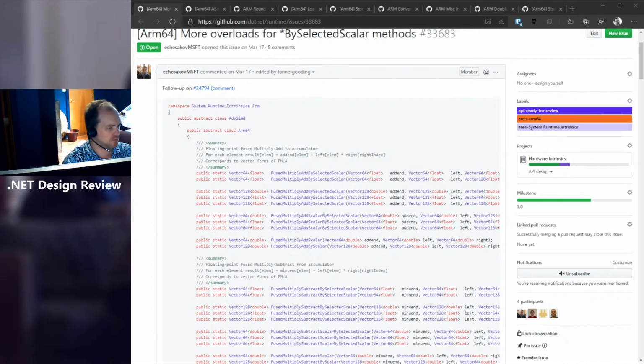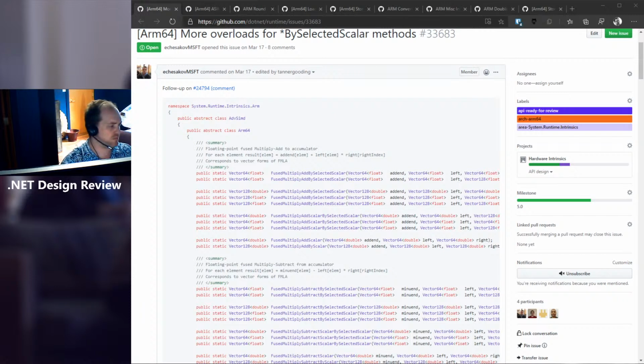What's up with all the commented ones? The commented ones are ones that we already approved in a separate PR. So, for example, with multiply subtract by selected scalar, the review approved the vector 64 by vector 64 version.